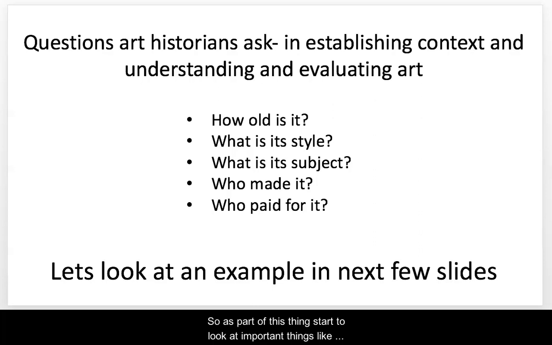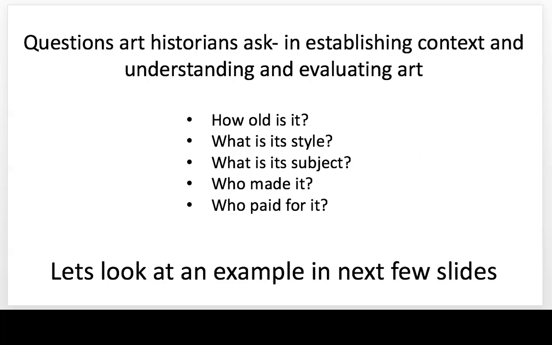So as part of this, they start to look at important things like how old something is. The physical evidence, like the archaeology we talked about. There's also documented evidence, things that are written about it, and then internal evidence on a piece.